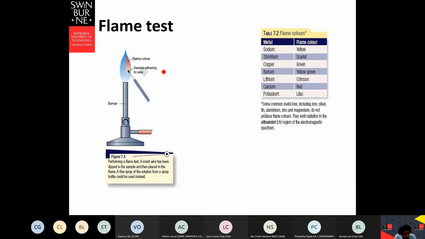We burn something on a flame, it will have a different characteristic color. If we burn a paper, it will probably have a yellowish color. If we burn some plastic, it will probably have an orange type of flame. The flame color will change, right?